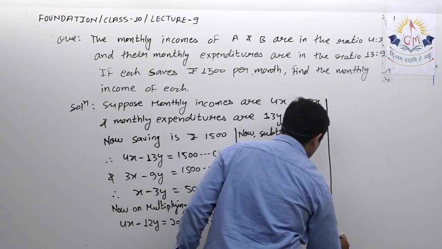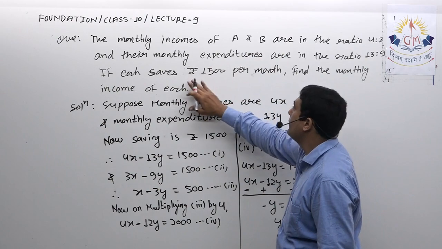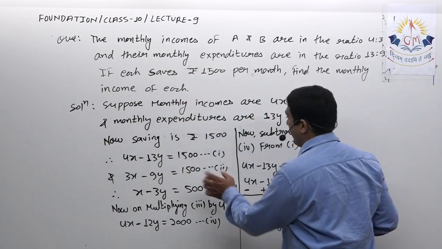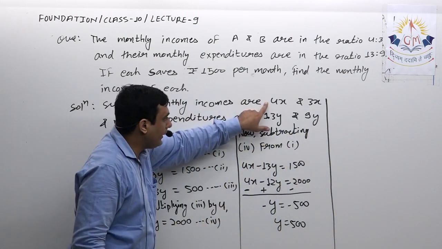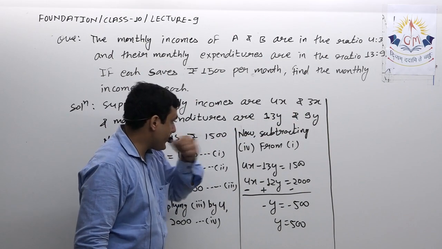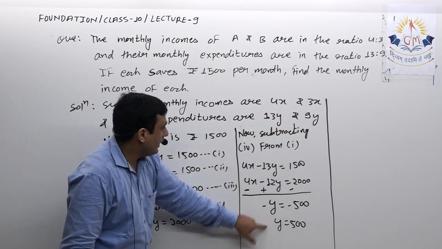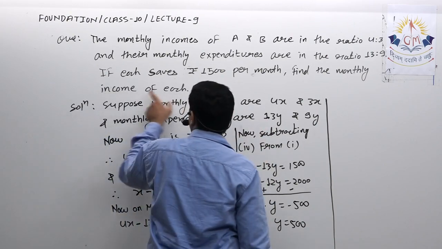See, the 500 is neither the expenditure nor the income of A or B. This is just the y. If you want to find the income, I have to multiply x with 4, and if I want to find the expenditure, then I have to multiply y with 13 and 9. And what actually we have to find?